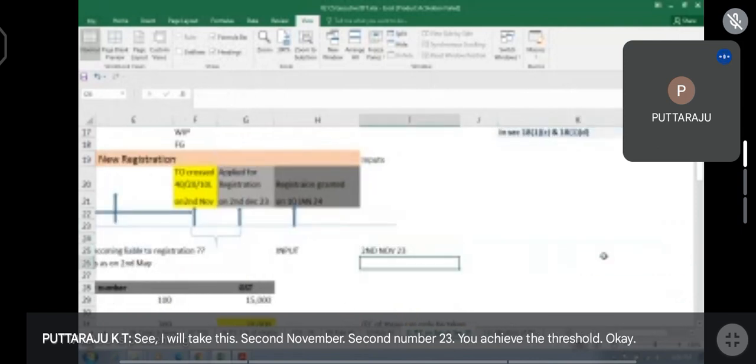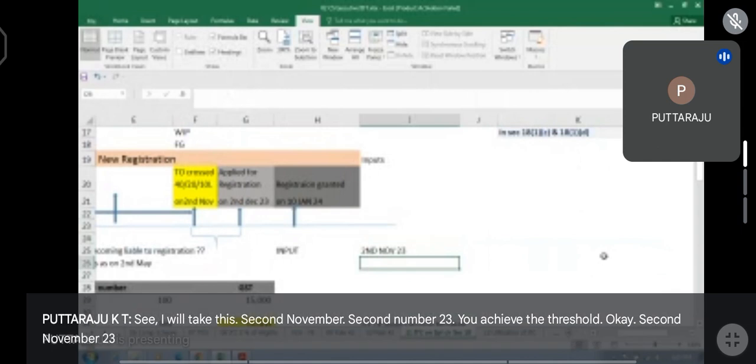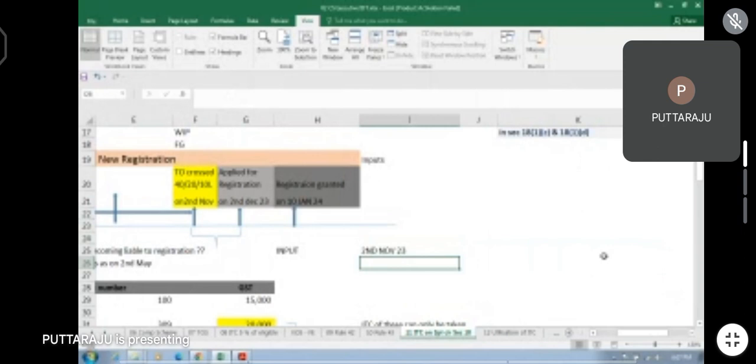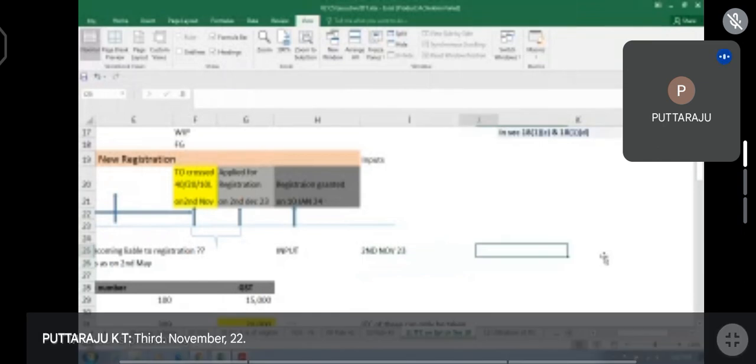Okay. 2nd November 23 to 1 year, what is the date? 1st November 22 or 3rd November 22? November 22.